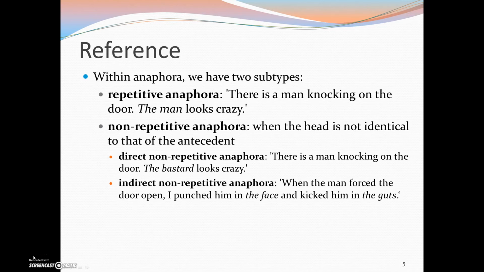Now, I know that a man has both a face and guts, right? So when I say the face and the guts, even though I haven't mentioned explicitly a face or guts before, you know that I'm actually referring to the man, right? So it's the man's face and it's the man's guts. So both of these two noun phrases refer back to man. Okay, it's not just a random face, it's this particular man's face that I punch.